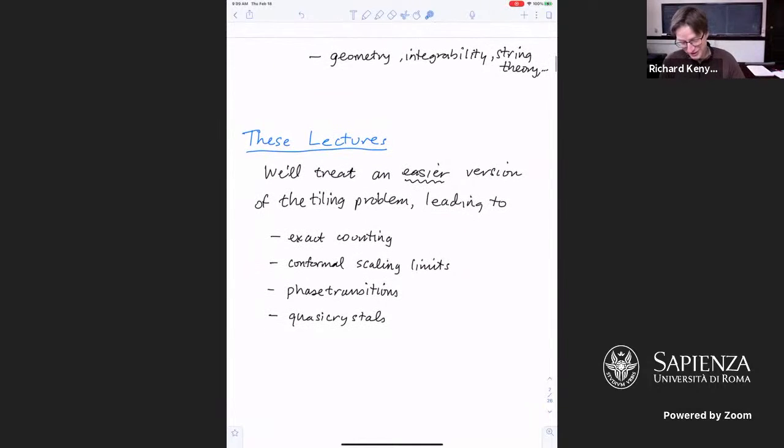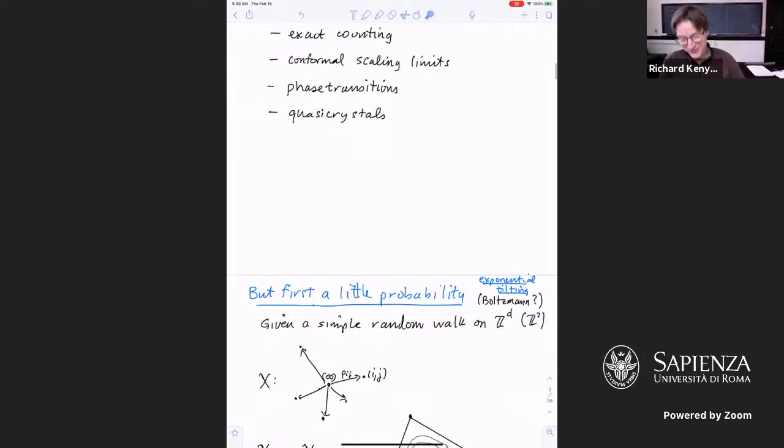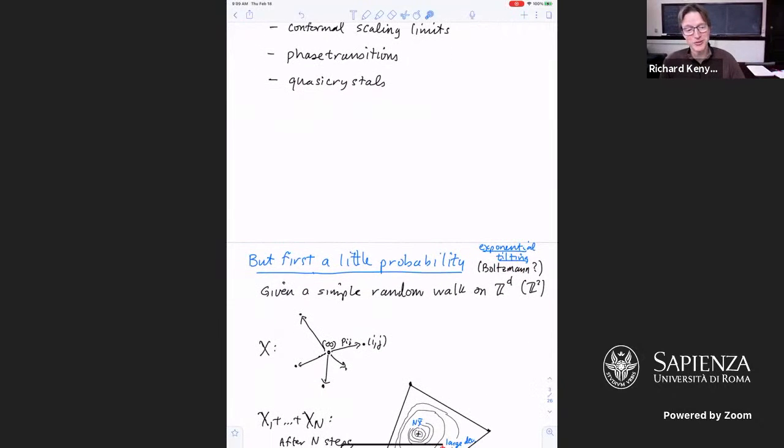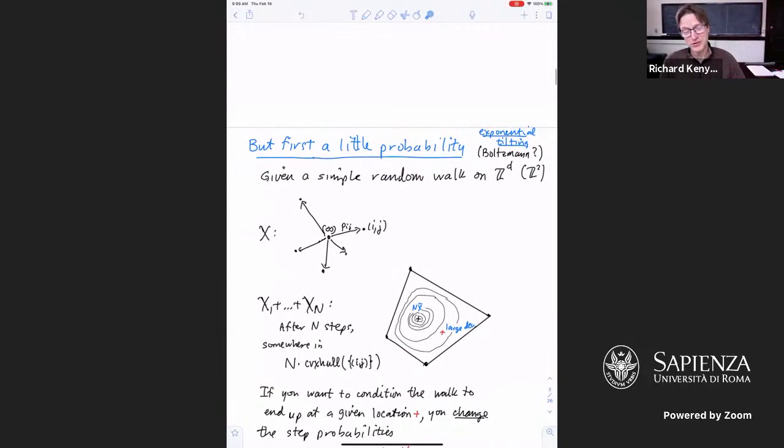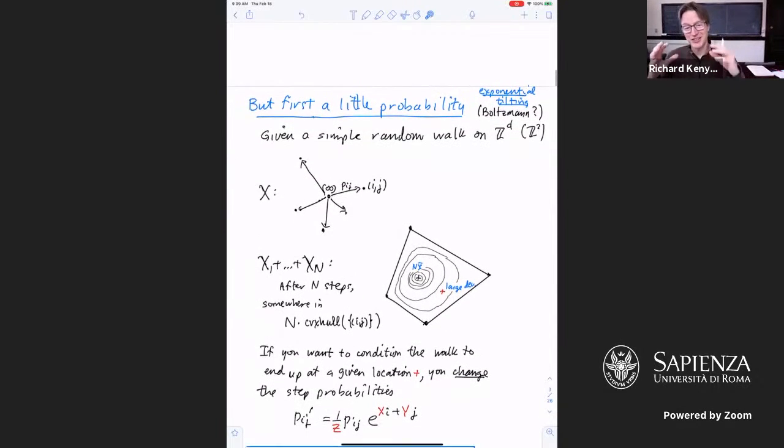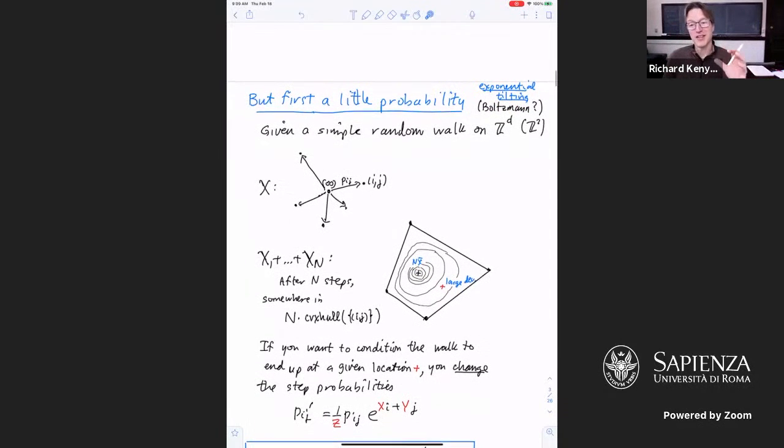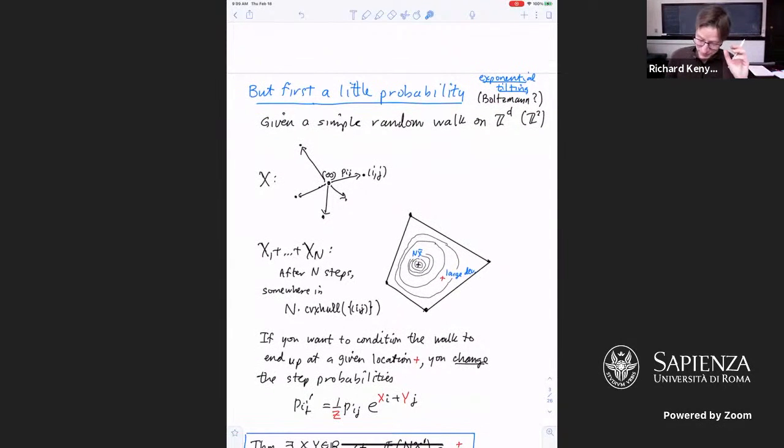So let's see. Before I get started, I want to just tell you one little tool, which maybe you're all familiar with, maybe this is something you learn in your probability class, but I thought it's just one slide of very simple probability about the simple random walk.